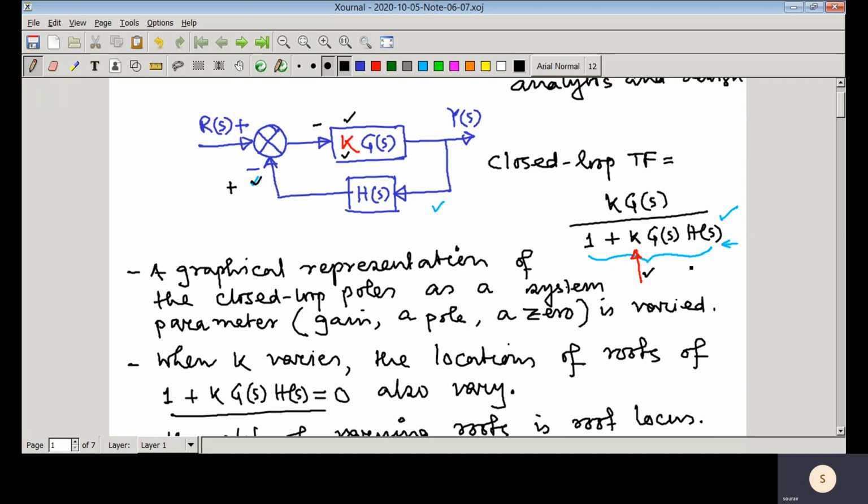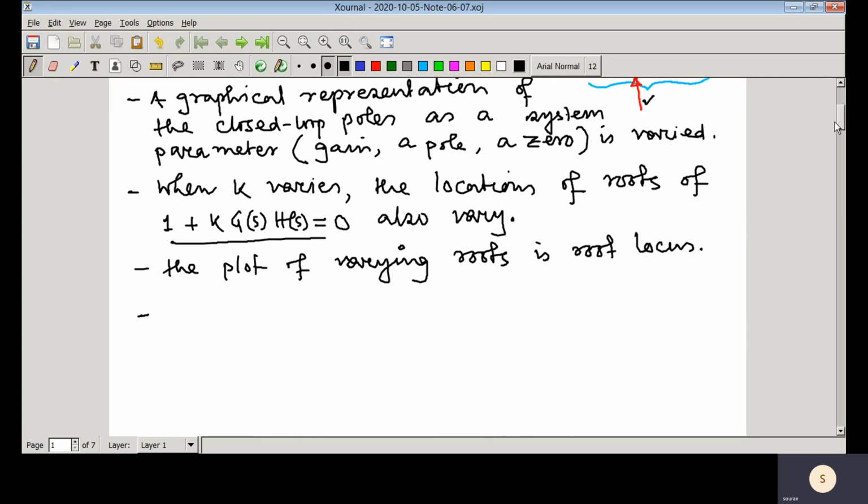In positive feedback, the characteristic equation becomes 1 minus K G(s) H(s), and if K varies from 0 to minus infinity, effectively it becomes 1 plus K G(s) H(s).